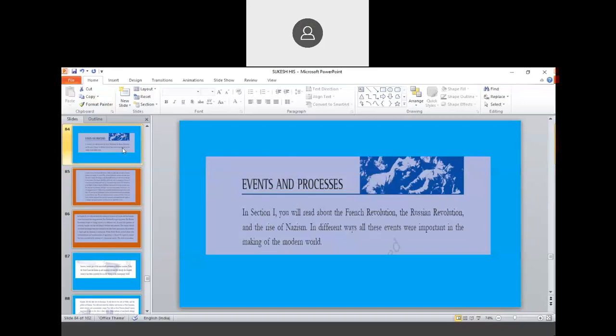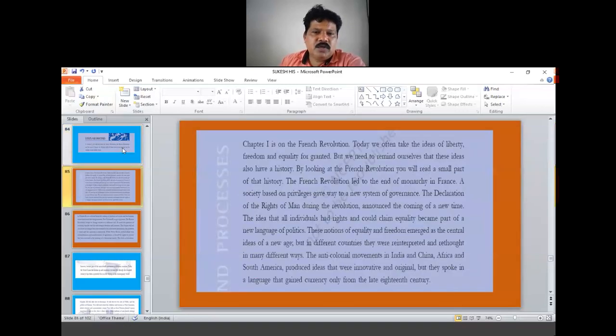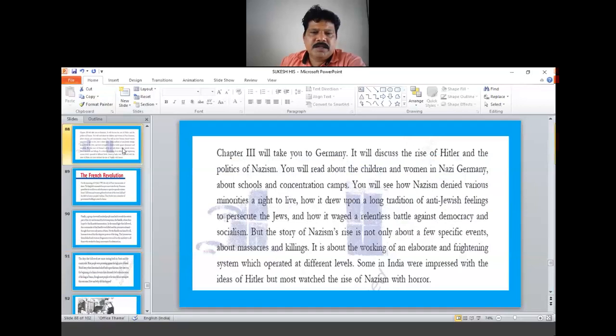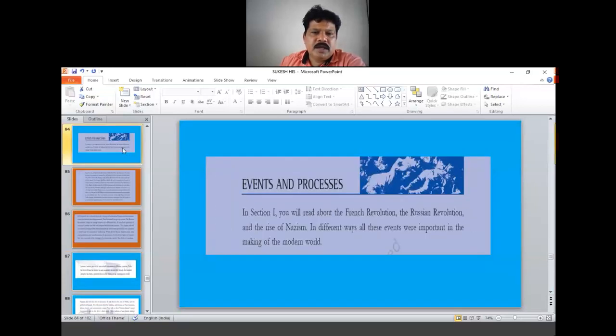So, in the book, we have section 1, section 2 and section 3. In section 1, the entire part is called events and processes.